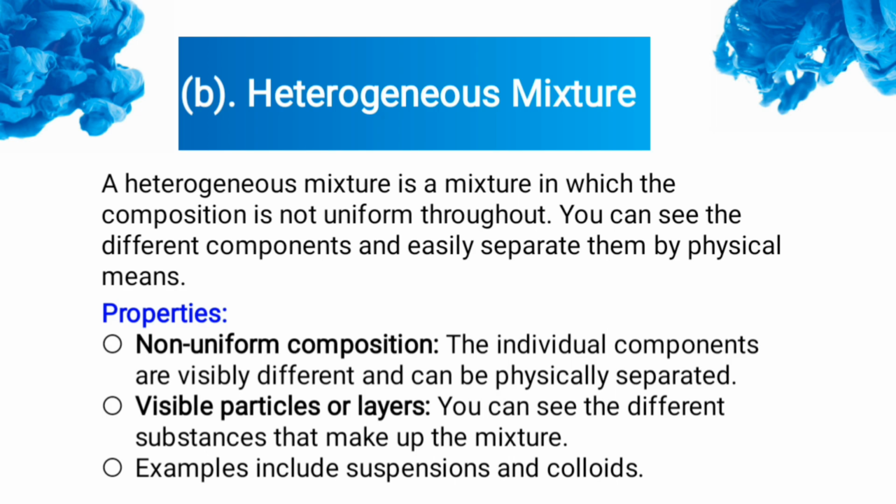The individual components are visibly different and can be physically separated. Visible particles or layers. You can see the different substances that make up the mixture. Examples include suspensions and colloids.